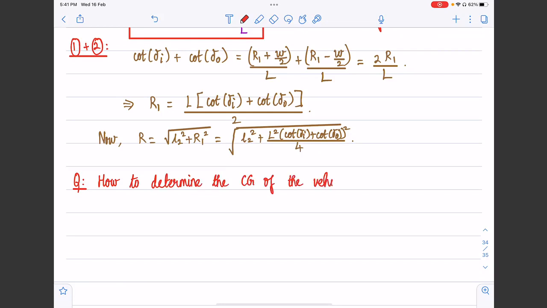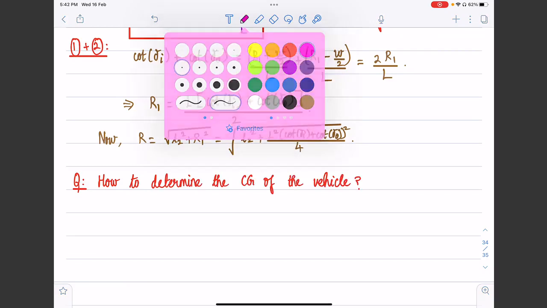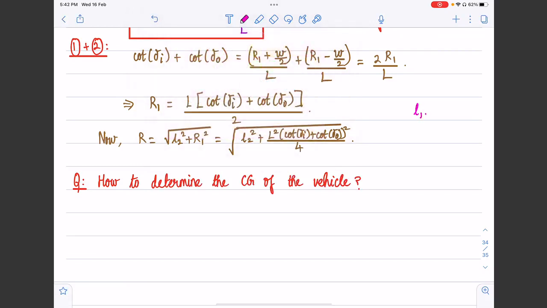In most of our discussions, these parameters L1, L2, some people will call it LF, LR, some people will call it AB, and so on. Depending on the textbook or the reference, you will have L1, L2 indicating the longitudinal distance of the CG from the front wheel center and the rear wheel center.